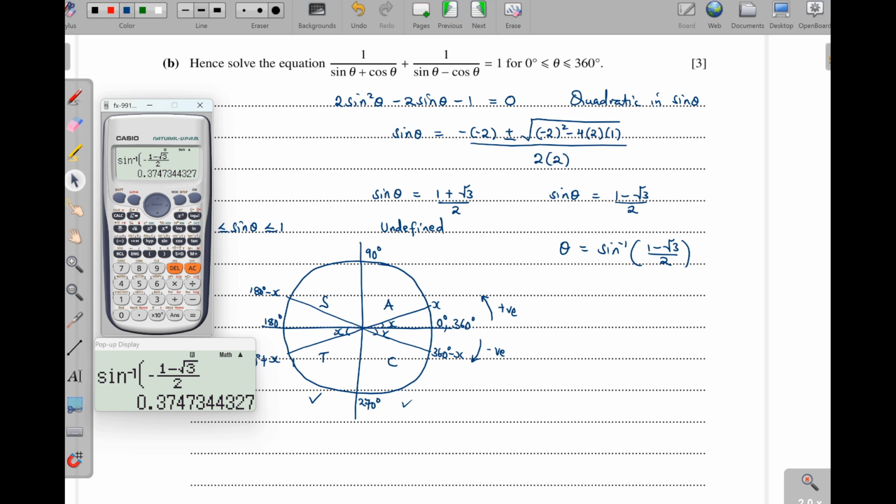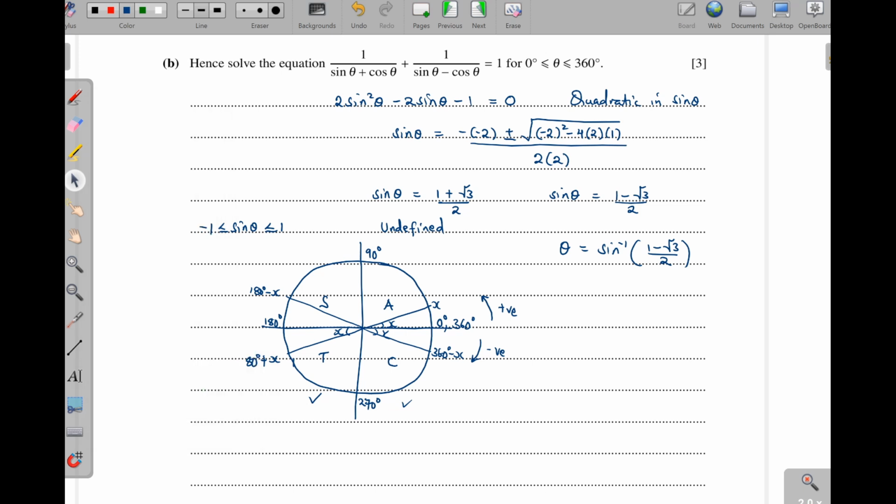But here the calculator is in radians, yet we are given the domain in degrees. So you have to first change this one to degrees. So this will be 3. And then when I press equals again, so that is 21.5. So that 21.5, this is the acute angle, okay? But I'm supposed to go to quadrants where sine is negative.